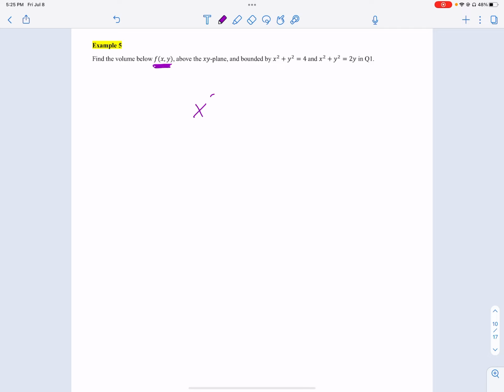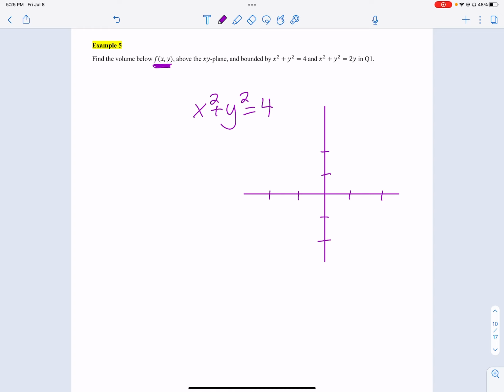I know that x squared plus y squared equals 4. I know that's a circle, so I'm going to go ahead and draw my axes. The first circle has a radius of 2, right?